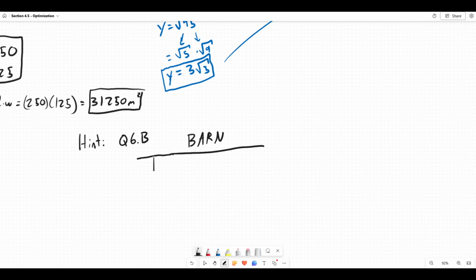Then you want to make fences, or should I say sub-fences, that each have 100 square meters. So the question is, again, what are the choices for L and W that will minimize the amount of fence that is used?